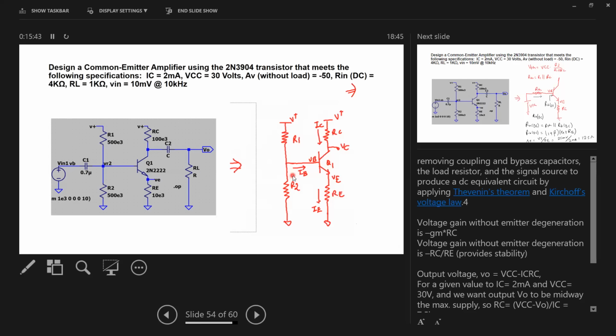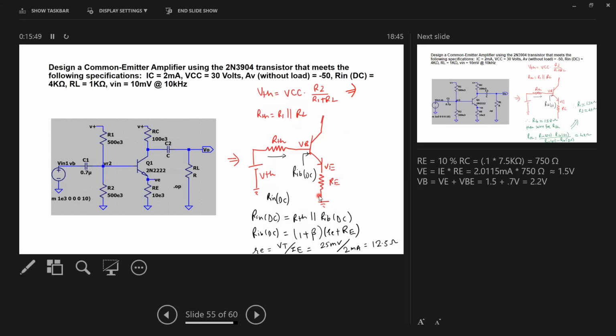So what I have done is RC is chosen, RE is chosen, and before that I want to give you some equations about VE and VB. VE is the node voltage at the emitter, which is the product of IE times RE.